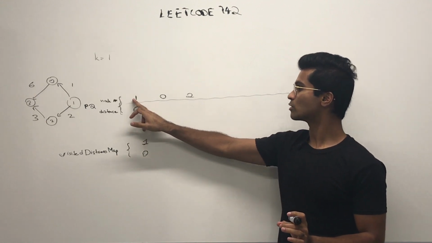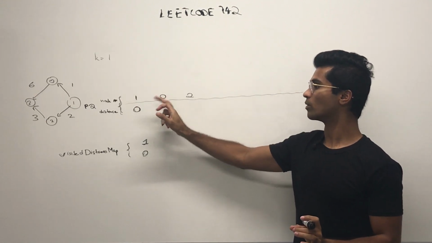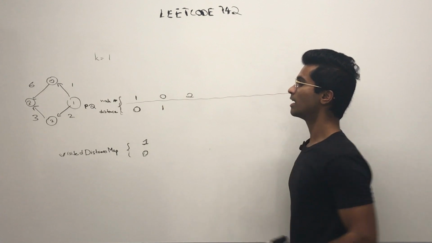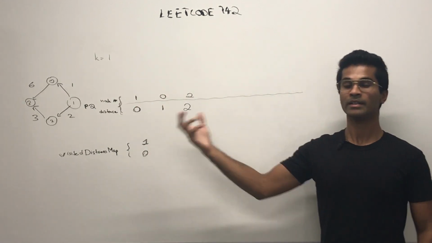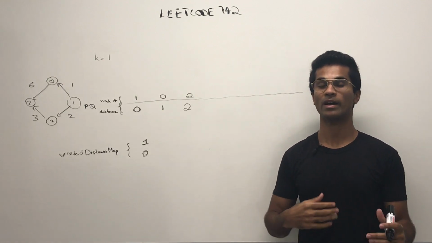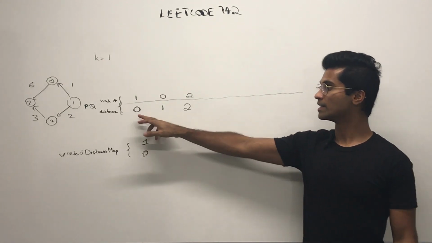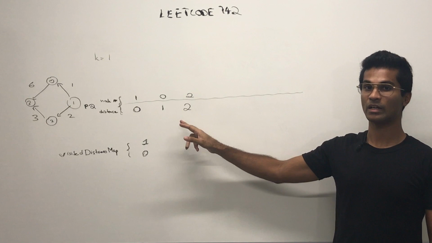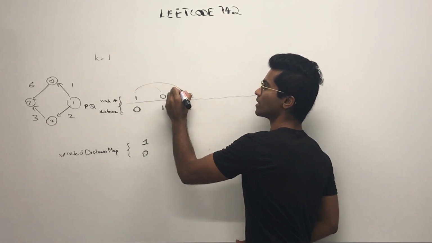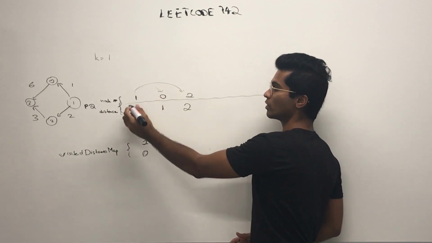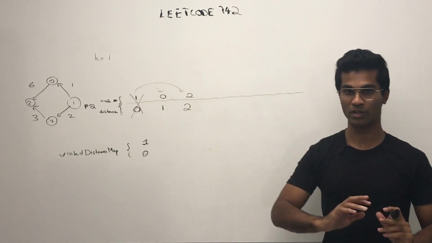Well, to go from 1 to 0, it takes distance 1, and to go from 1 to 2, it takes distance 2. Now keep in mind, priority queues automatically order themselves. Are the distances in ascending order? They are, so we're good. So for now, 1 has created 0 and 2 in the queue. It's polled itself, so we're done.